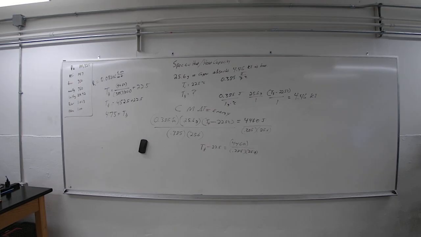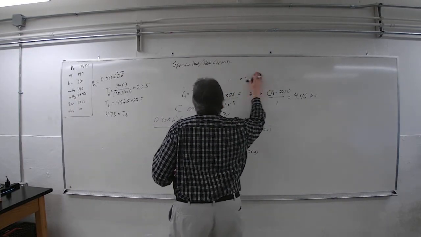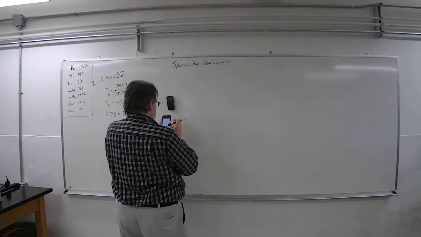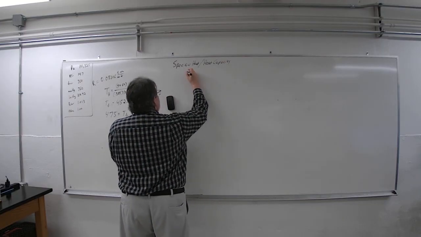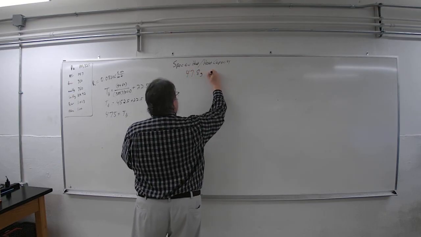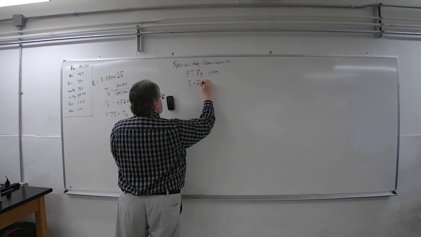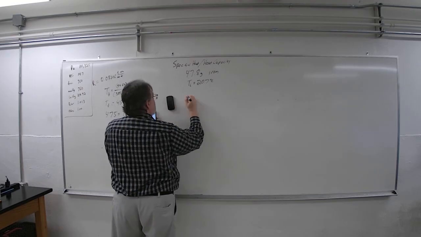I'll do it. Let's do that one. The next one in here is 47.8 grams of iron, initially at 20.7 degrees C, is final.